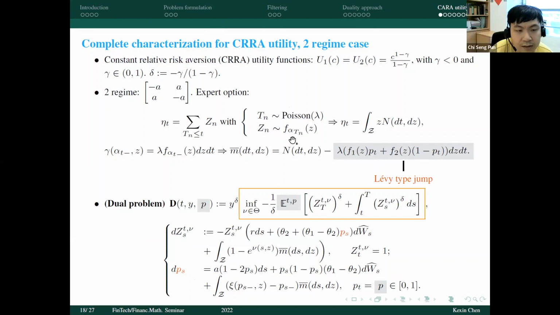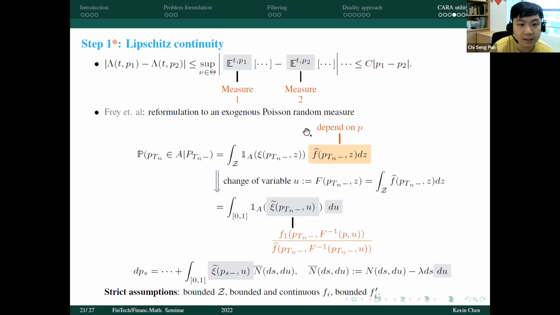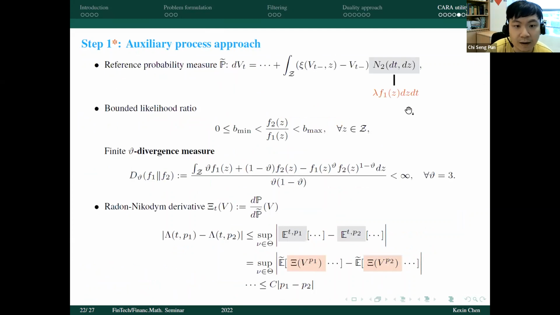I see. So over there in the proof, basically P tilde is fixed, because you construct P tilde in this way. But the second line, the bounded likelihood ratio, is an assumption, isn't it? Yes, it's a standing assumption.